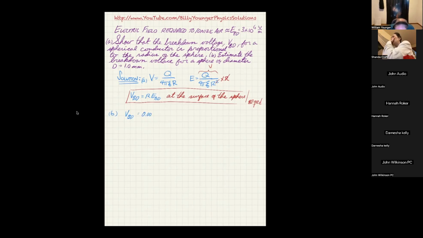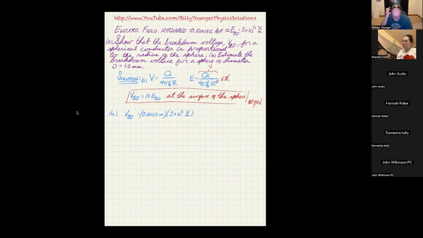I actually want the radius, so I put another 0 and then a 5, and this is meters. So that's my R, and then times the breakdown electric field of the air, which is 3 times 10 to the 6 volts per meter.